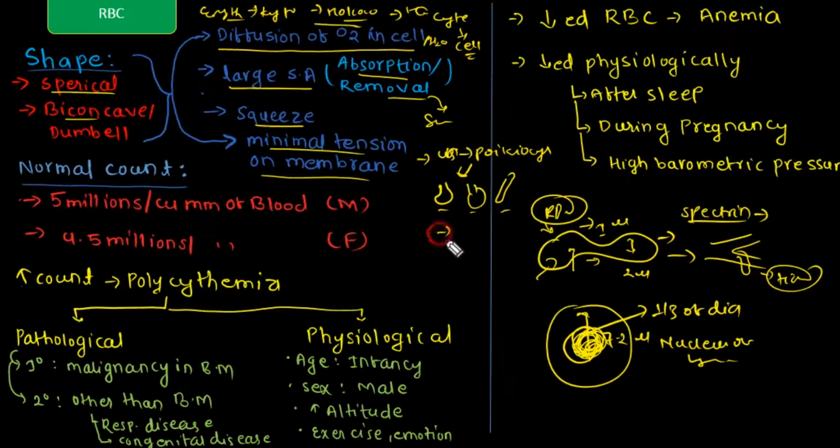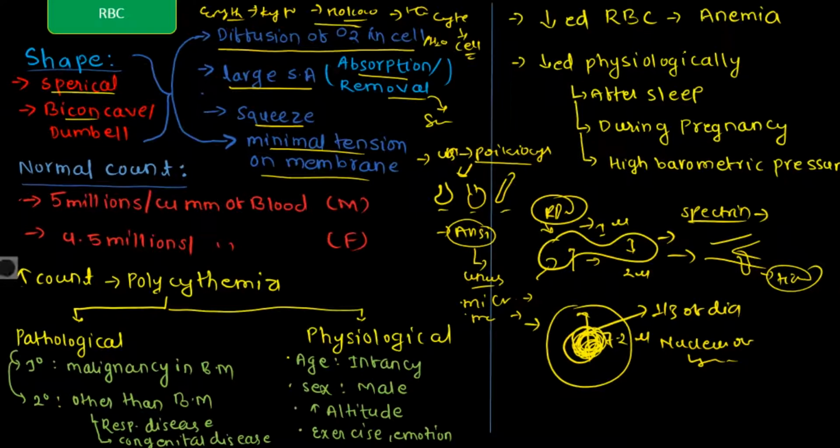Similarly, we have anisocytosis, which talks about unusual size of the RBC. The most common are microcytes, which are smaller than the normal size, whereas macrocytes are larger than the normal size. So this is about the variations in size and shape.